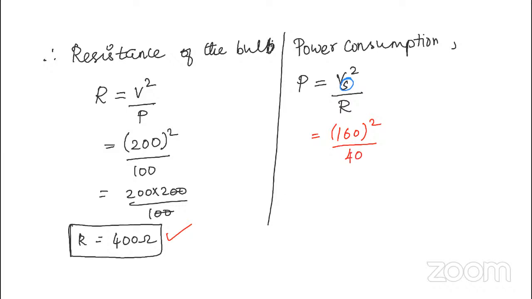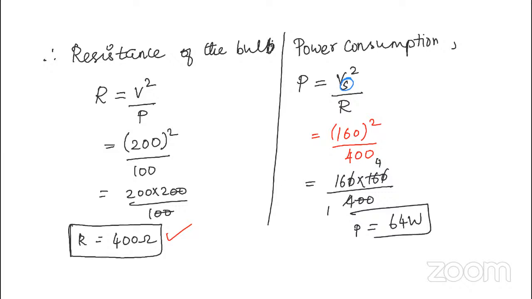So 160 into 160 divided by 400. Cancel the zeros: 16 into 4 is 64. So 64 watts. Option C is the right one.